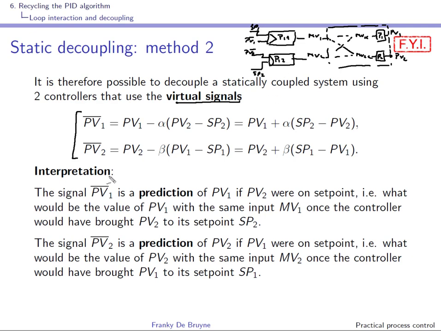And the interpretation is as follows. The signal PV1 bar is the prediction of PV1 if PV2 were on set point. So it is the value of PV that we would have with the same MV1, once this other controller would have brought PV2 on set point. So what we'll do is look at an example with static coupling and apply this methodology.